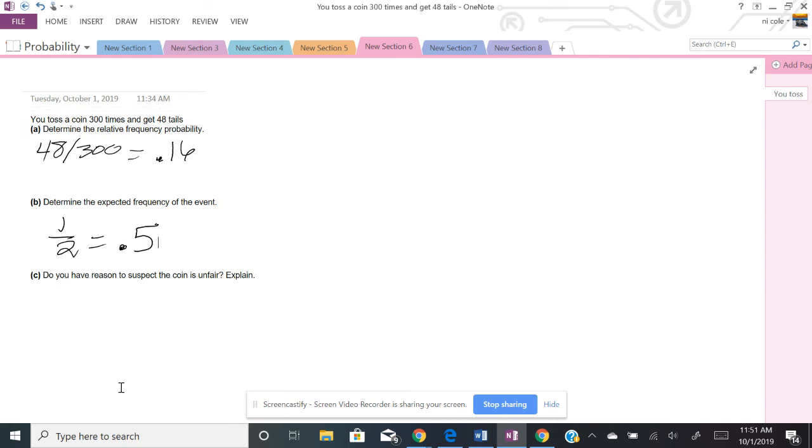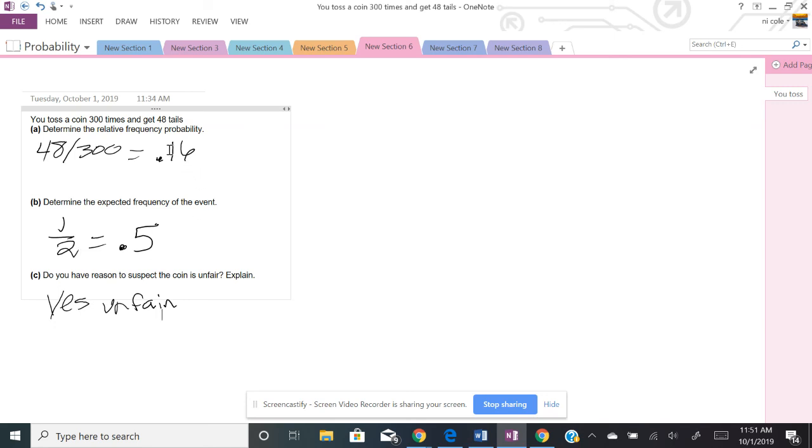Okay. Now, do you have a reason to suspect that the coin is unfair? And explain. And my answer would be, yes, it is unfair. And that is because I would expect my frequency to be closer to 0.5.